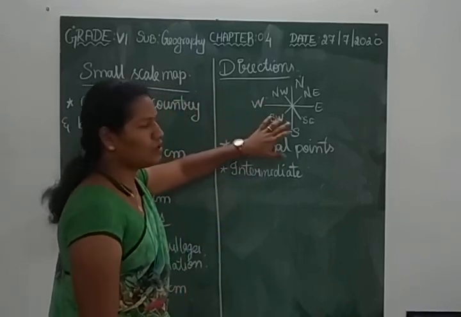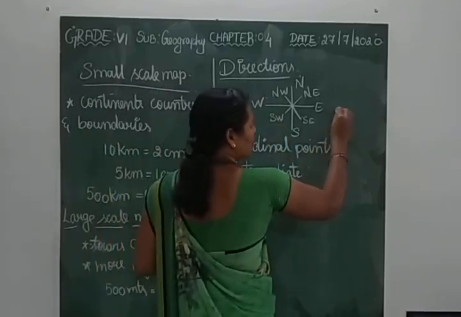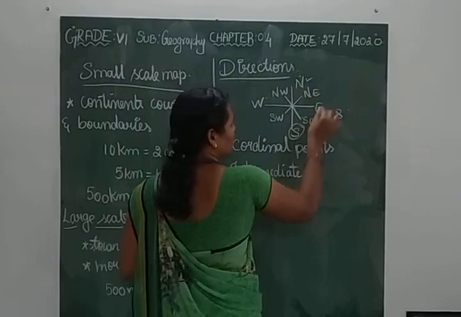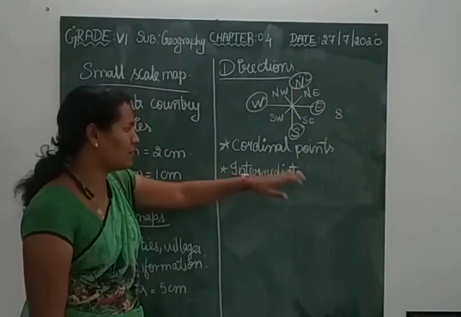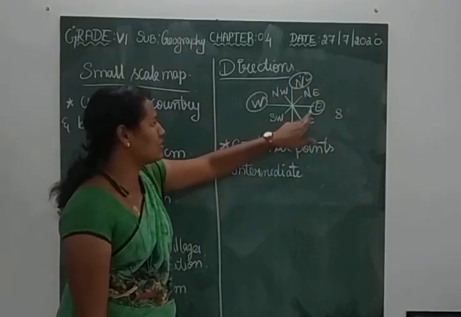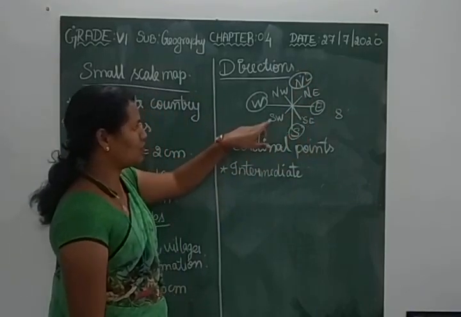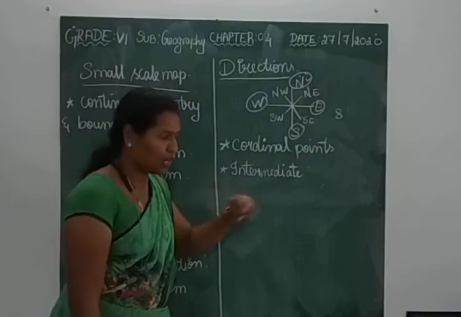Right children? So totally we have 8 directions. North, south, east and west, these 4 major directions are called cardinal points. And the other directions like northeast, southeast, southwest and northwest are called intermediate directions.